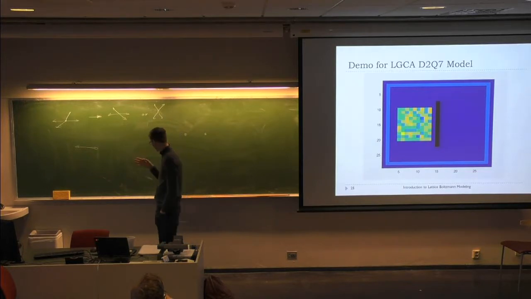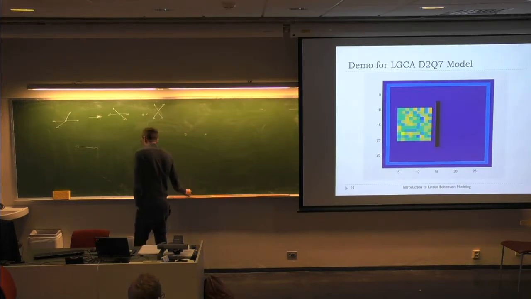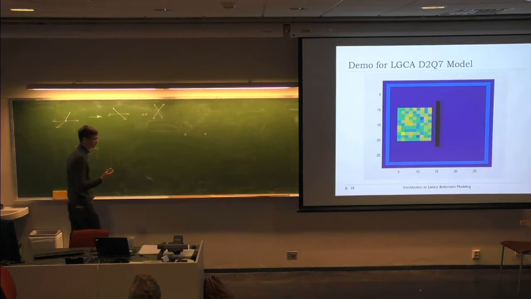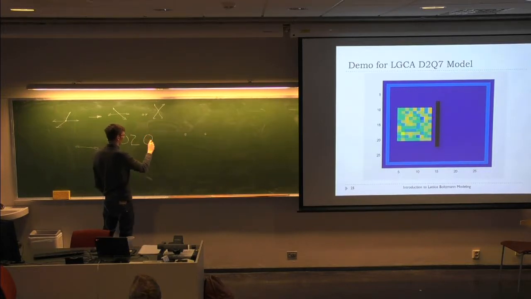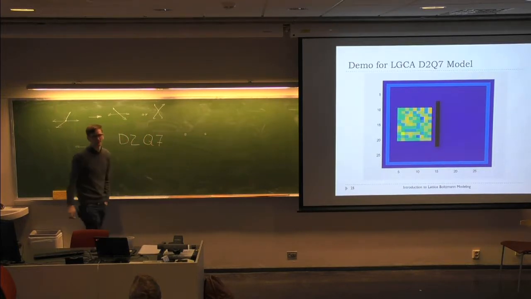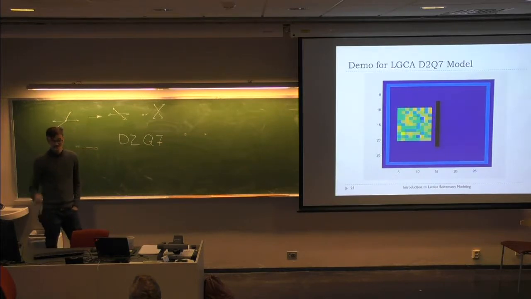Before we do that, I just remembered something. If you read the book, you're going to see that he uses this notation, D2Q7, for example. It took me a very long time to even ask what that meant.